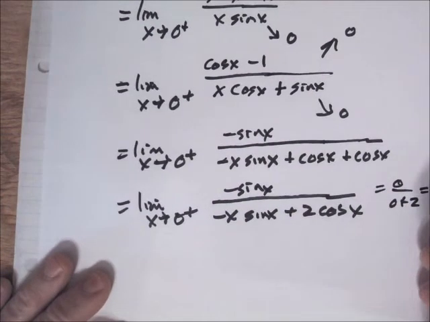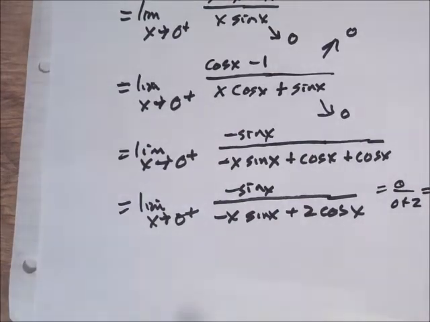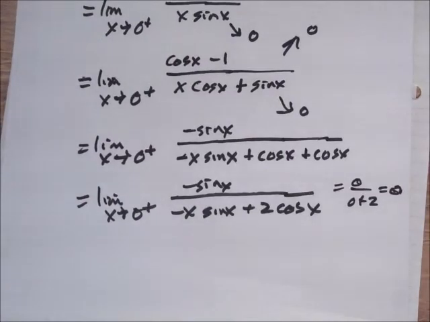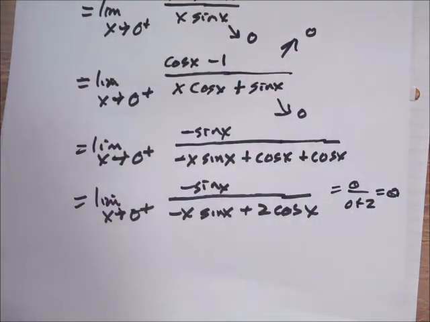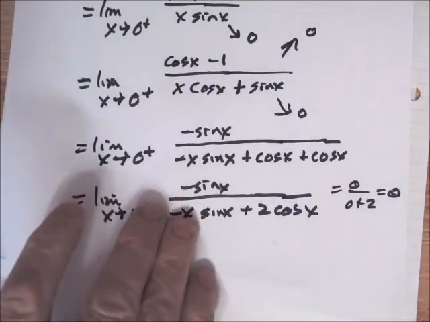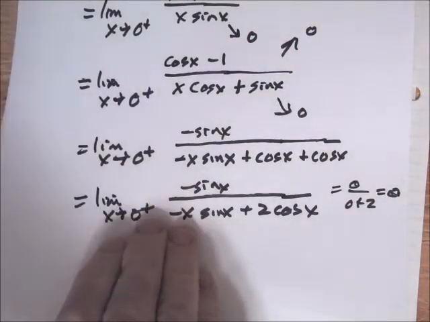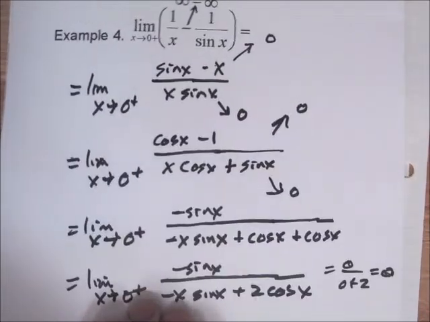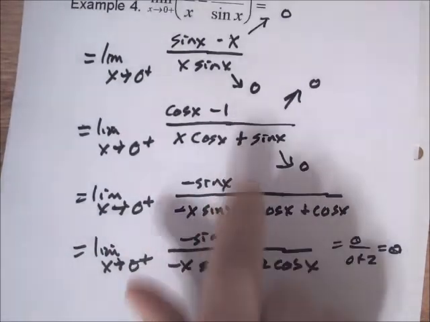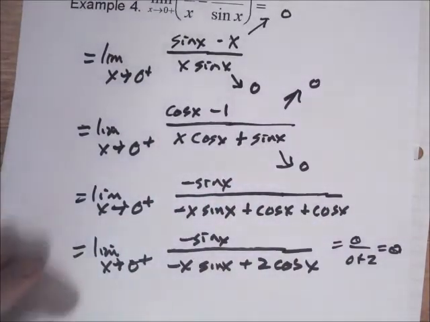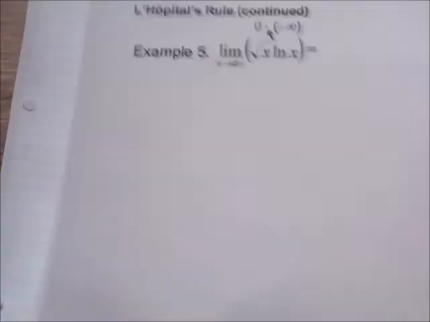So this limit is equal to 0. Okay, so we had to apply L'Hopital several times. We first had to get it in the form 0 over 0, because we can't directly apply L'Hopital to infinity minus infinity, so we had to manipulate it to get the form 0 over 0, and then we repeatedly applied L'Hopital to get the limit.